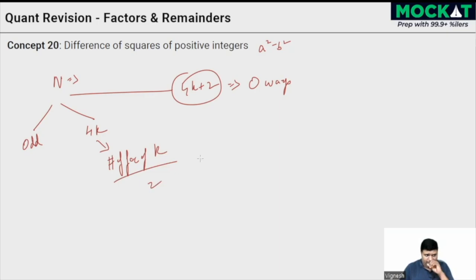If n is divisible by 4, you first divide it by 4, then the number of ways it can be written as a difference of squares of positive integers is simply the number of factors x, whatever it's going to be, divided by 2. So this is the number of factors of this number k, where k is odd itself, divided by 2. In this case, I have to divide it by 4. In this case, I don't need to divide by 4, write it as it is.